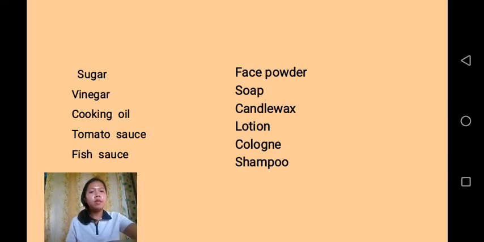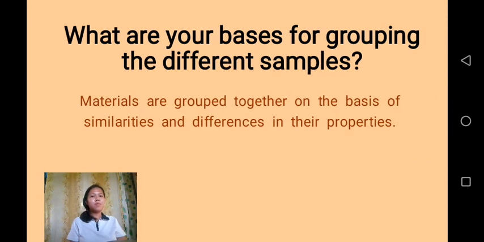Then next, what are your bases for grouping the different samples? So materials are grouped together on the basis of similarities and differences in their properties. So the materials will be grouped.